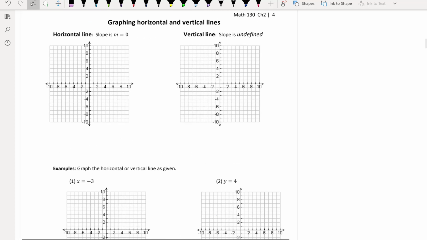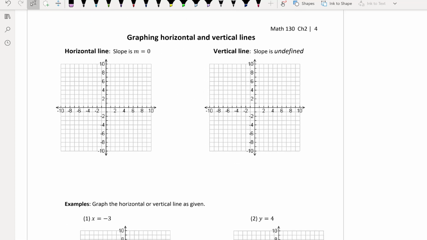Now, we're going to be talking about graphing horizontal and vertical lines. Whenever I have a horizontal line, that means it goes from left to right. So left to right looks like this. Let's try to make that a horizontal line. It's as straight as I can make it.